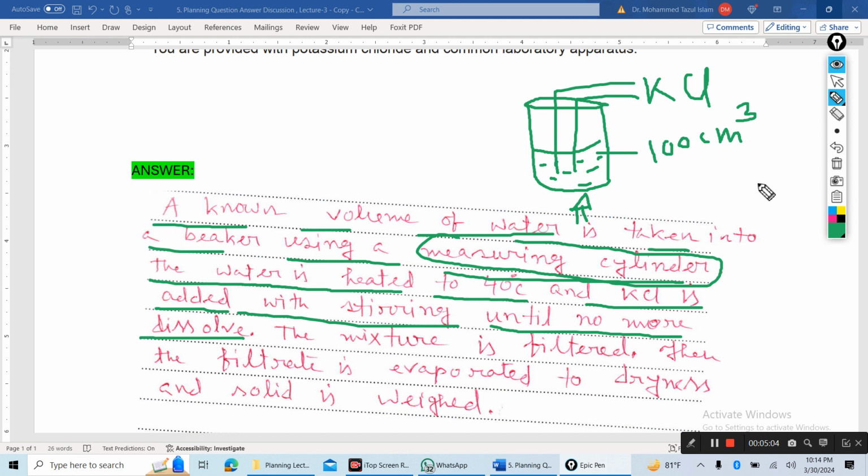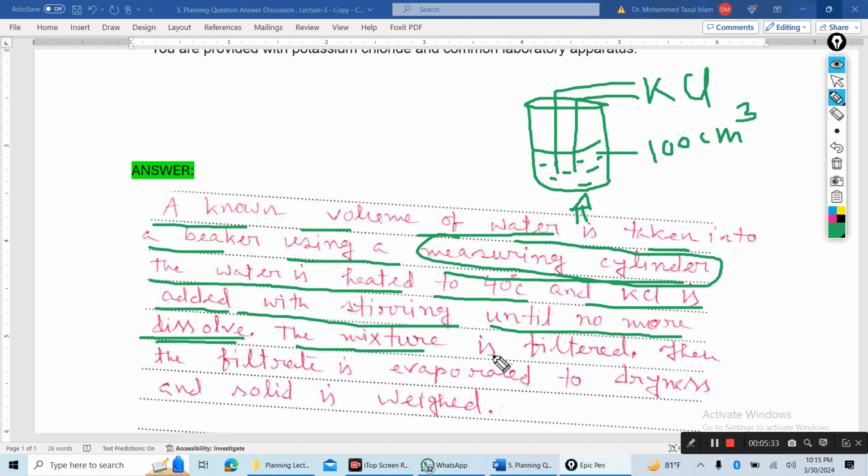After adding some potassium chloride, you will see at a certain point potassium chloride no more dissolves. That means this solution is saturated. So the water is heated to 40 degree centigrade and potassium chloride is added with stirring until no more dissolves.